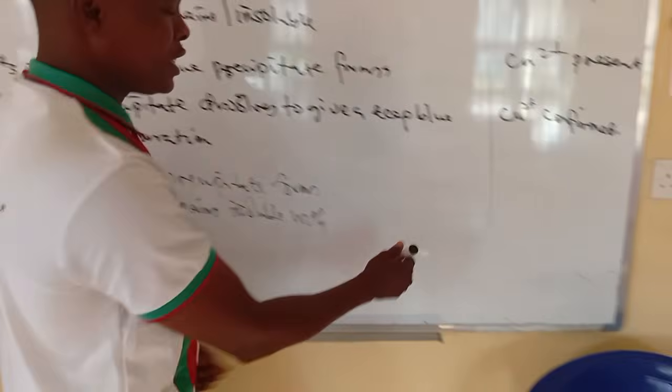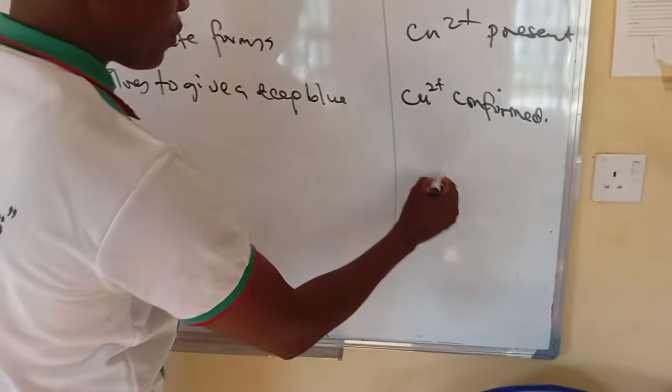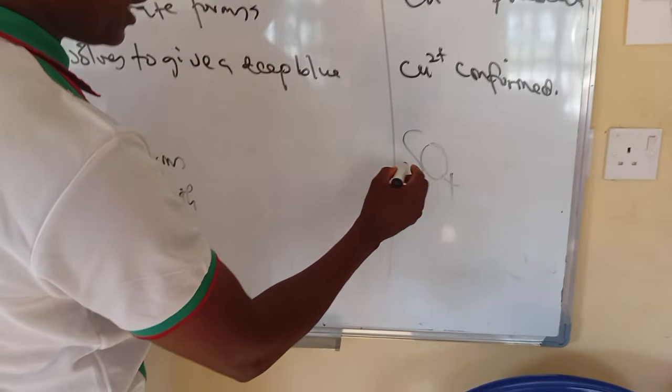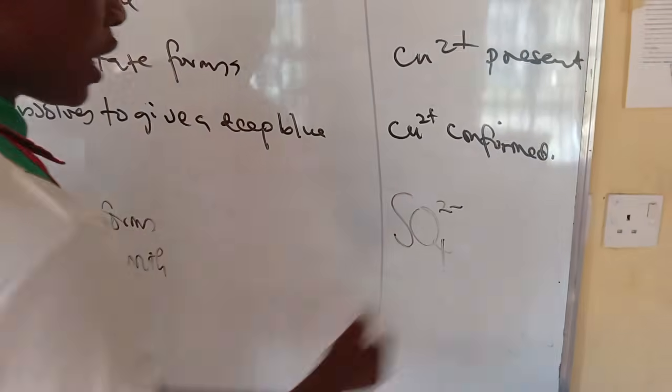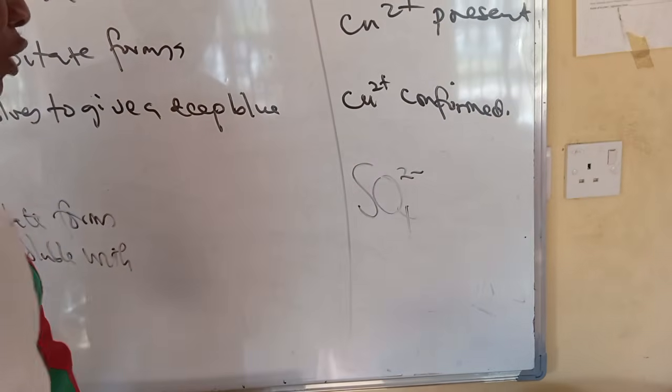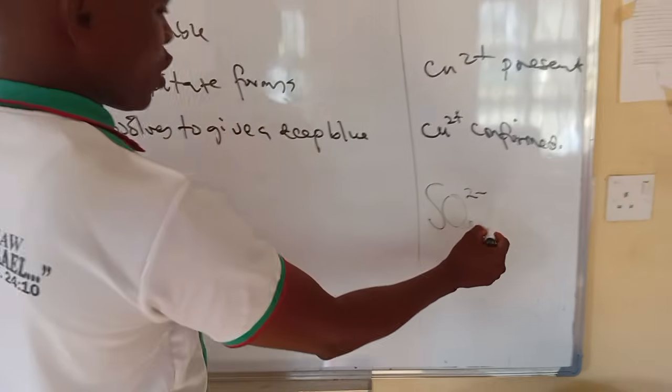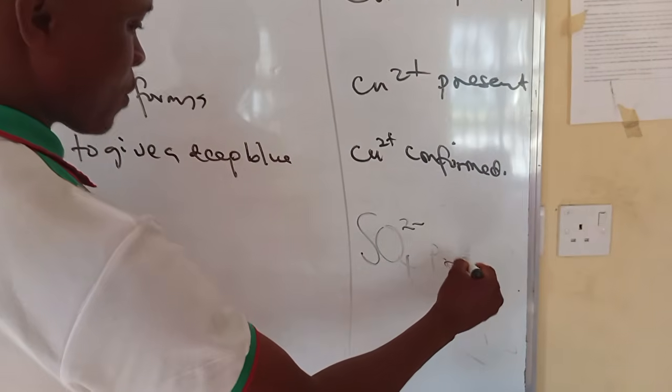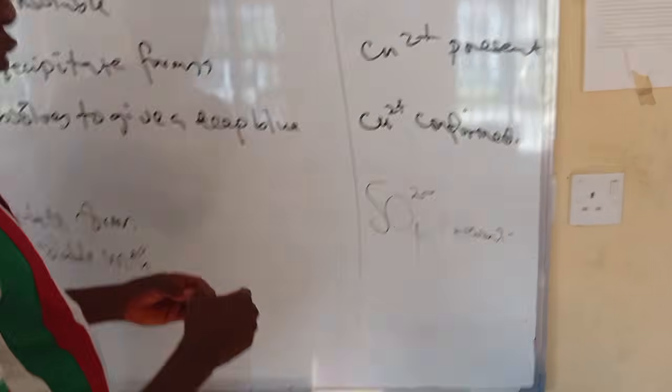Then what do we have here? This tells you that tetraoxosulfate 6 ion is present. Take note. Tetraoxosulfate 6 is confirmed.